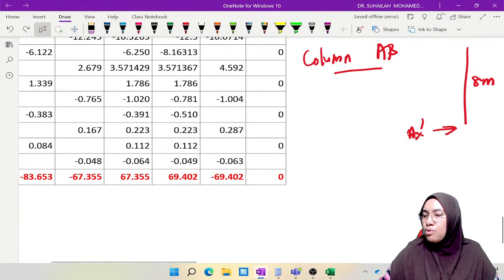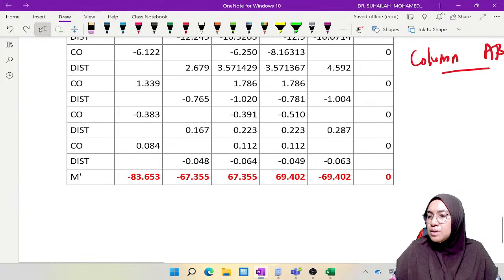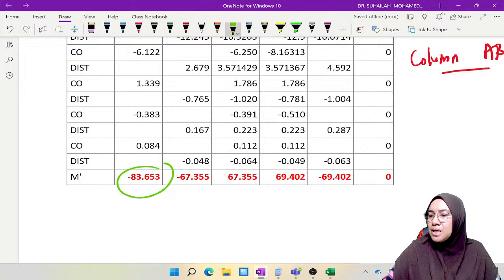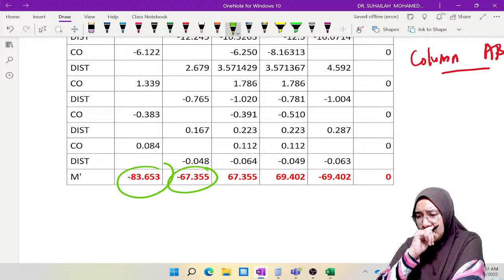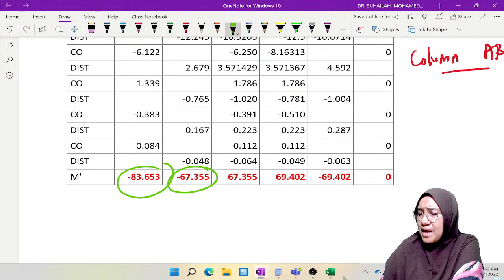Okay, the moment we take from the table. So the moment here is negative and negative: negative 83.65 and negative 67.36.